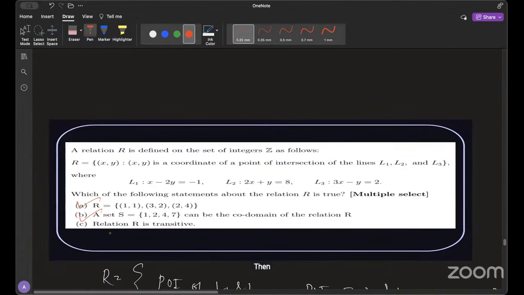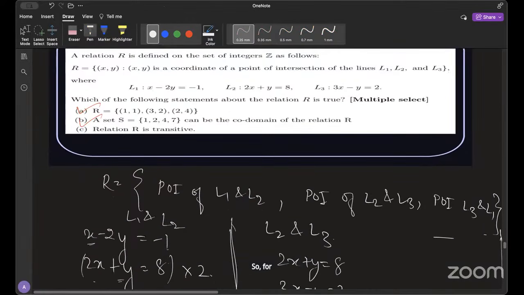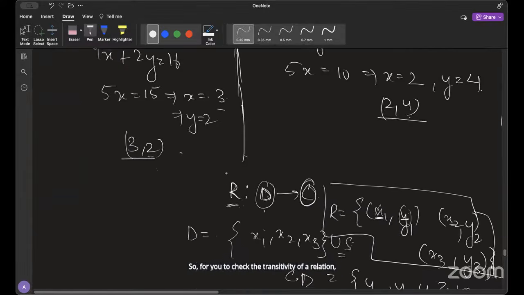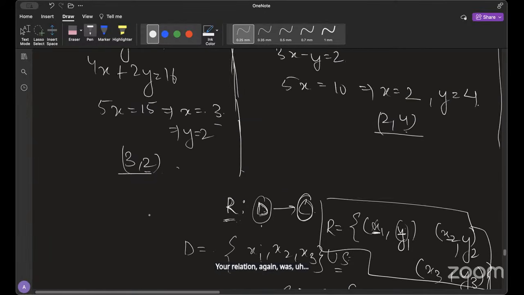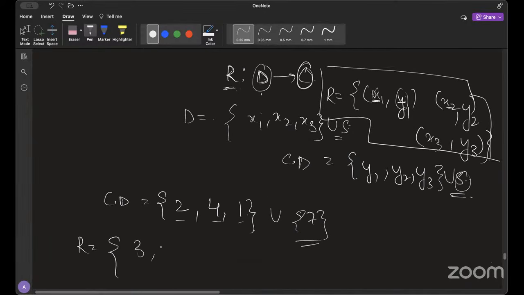Then coming to the third option, it says that your relation is transitive. For you to check the transitivity of a relation, your relation again was (3,2), (2,2), (2,4), (4,1), (1,1).